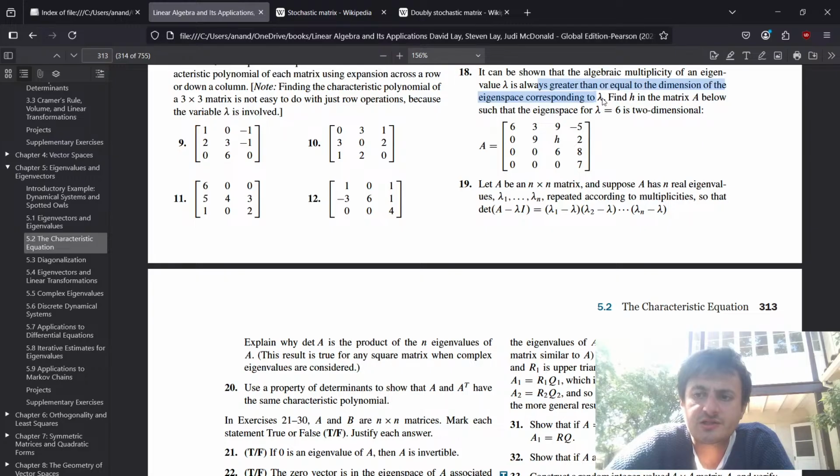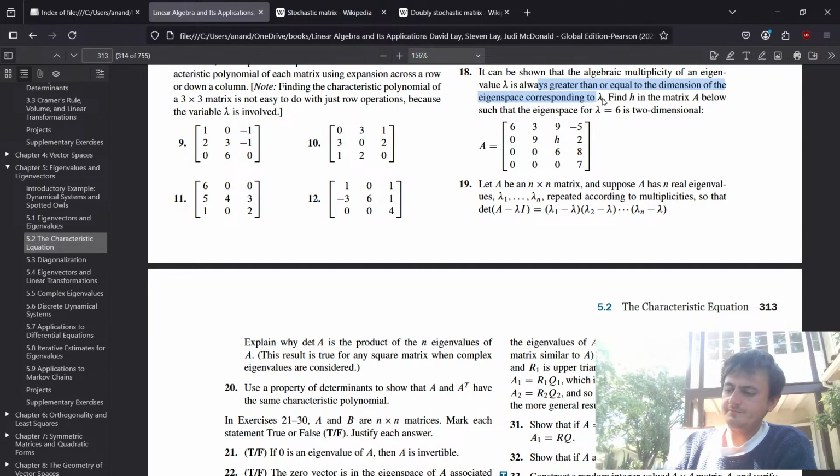That's actually kind of interesting. All right, 18 looks actually pretty good.